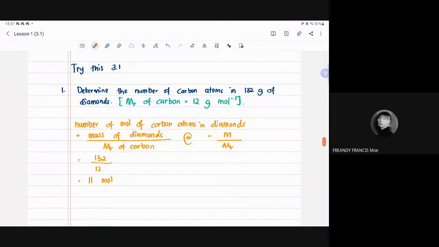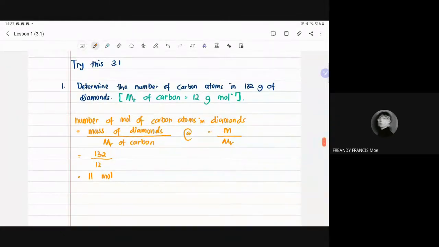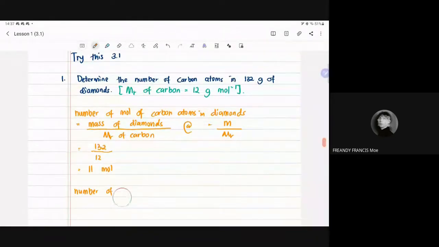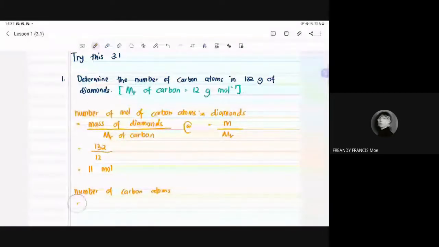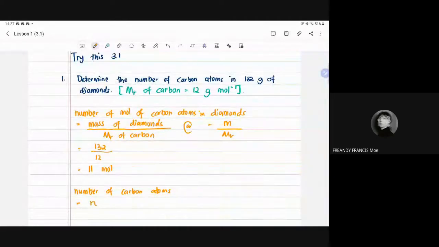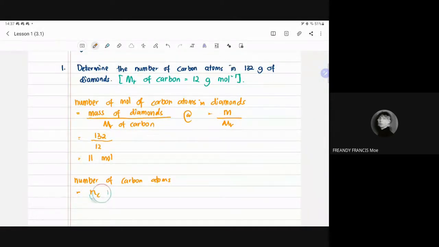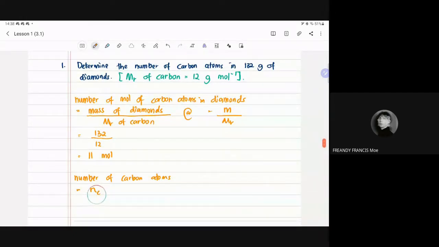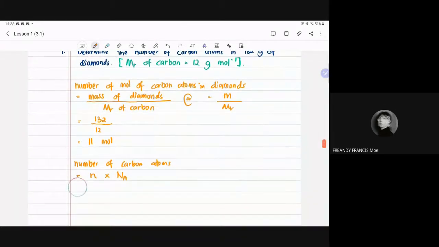And then we want to find the number of atoms. Okay, number of carbon atoms is equals to number of mole. Okay, so number of mole of carbon, saya letak C tu untuk menunjukkan the number of mole of carbon. Tak letak pun tak apa, letak N saja. Multiplied by Na. So this is number of particles equals to number of mole multiplied by Avogadro's number. So you should get 11 multiplied by 6.02 times 10 to the power of 23.